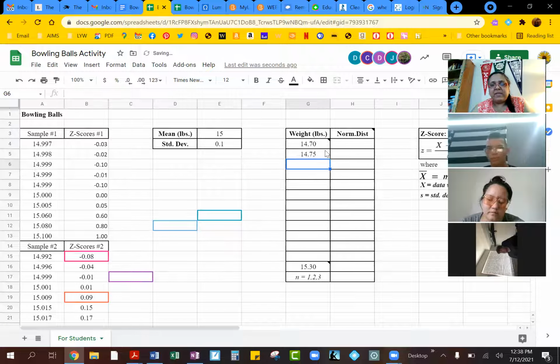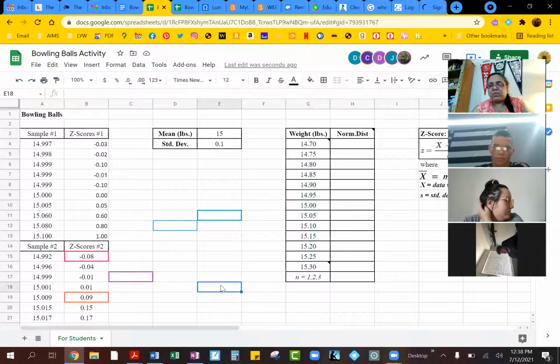I believe that should give us enough to get all the way to 15.30. So I'm just going to use the autofill to calculate that, and you will see that works out well for us. But this will keep changing depending on what data you are looking at, if you were trying to create a normal curve in Google Sheets or Excel. Right now we did increments of 0.05, but you can do increments of 1 or 2 if you have whole numbers.